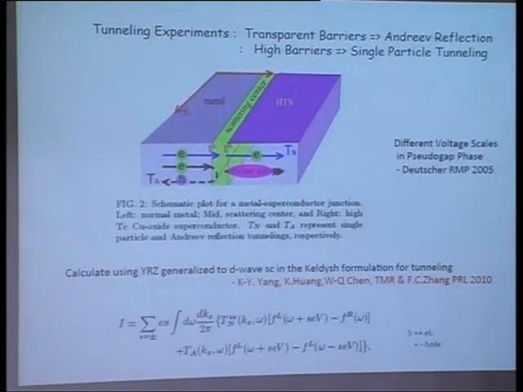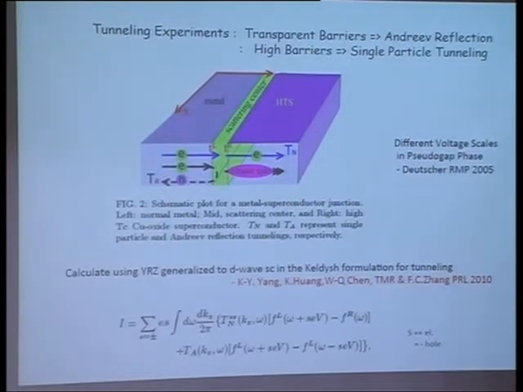Now normally the voltage range over which you see this Andreev scattering is the same as the voltage range where you see the superconducting gap, where there is no single particle tunneling. The Andreev process is at small voltage, and then when you reach the voltage corresponding to the superconducting gap, you see the single particle.